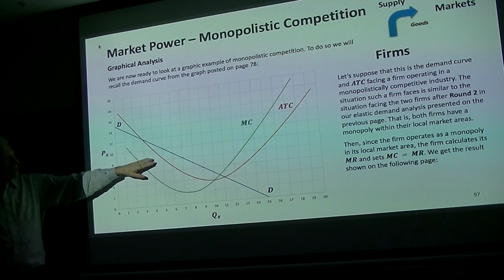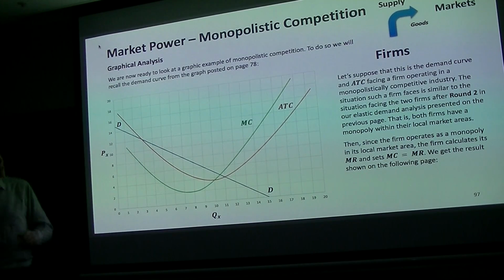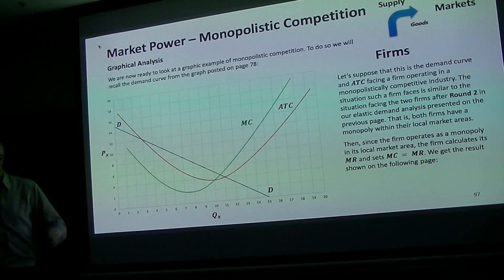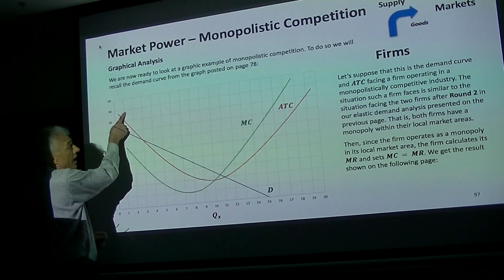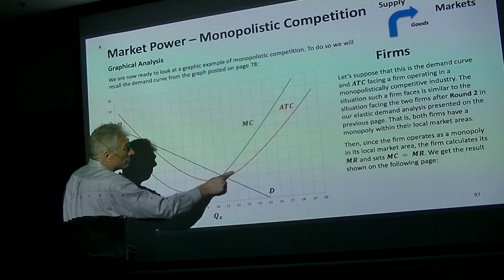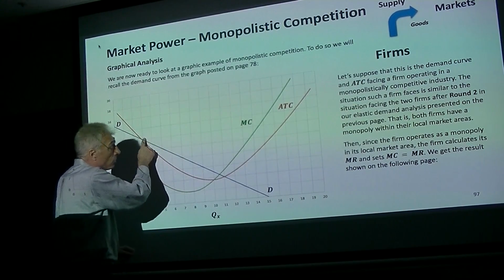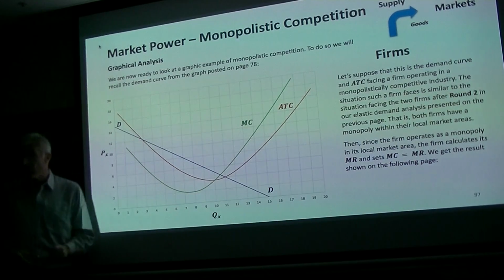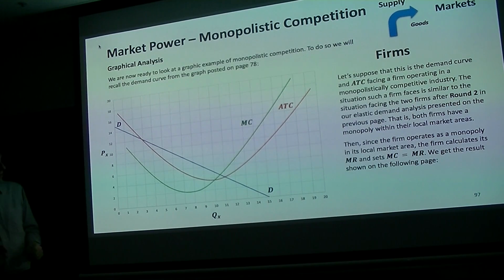So what we can see is that in this situation, the firm can earn profits. The firm can earn profits because the average total cost curve in the long run comes below the demand curve. So there's some point where marginal cost equals marginal revenue.